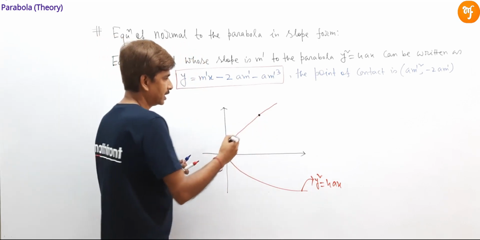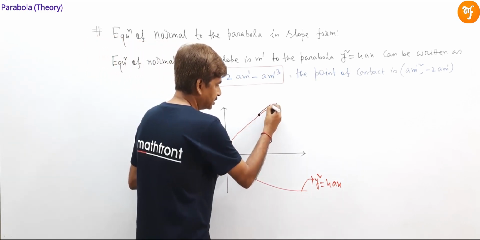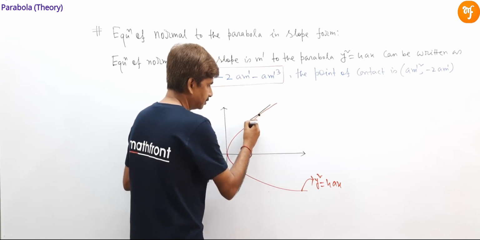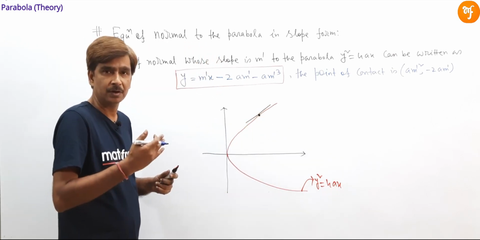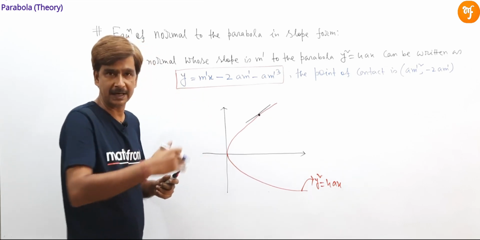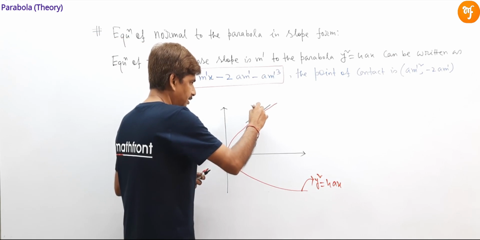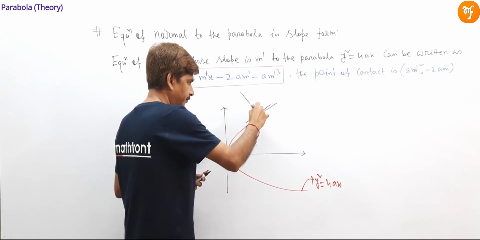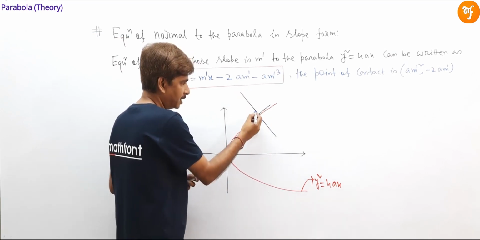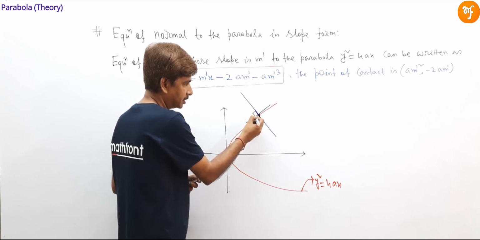That is, we are able to draw here a tangent. As we know, normal is perpendicular to the tangent at the point of contact. So the normal will be this one. Okay, and normal is perpendicular to the tangent.